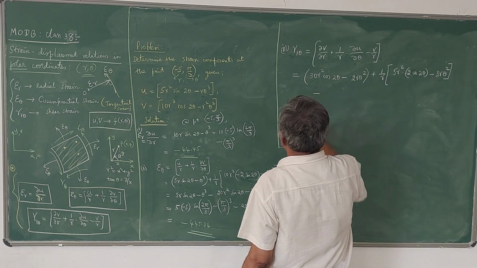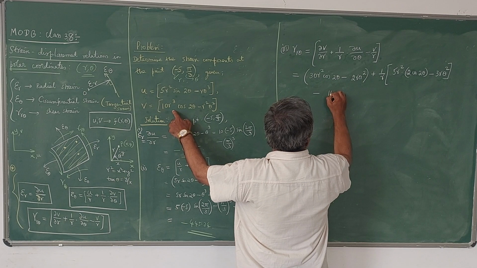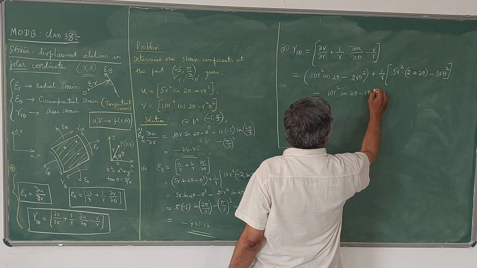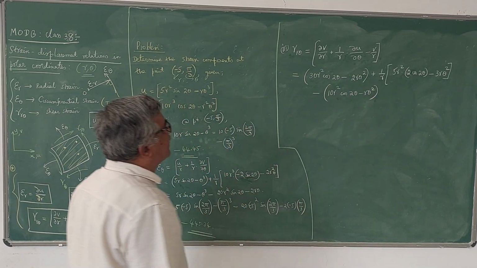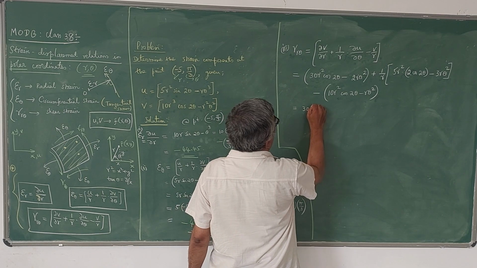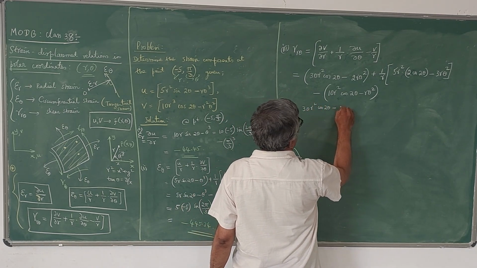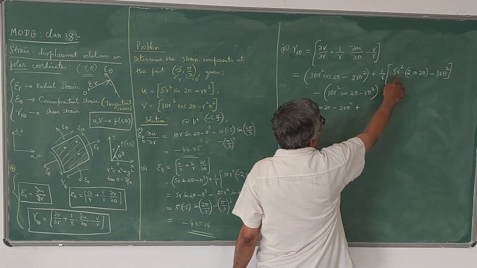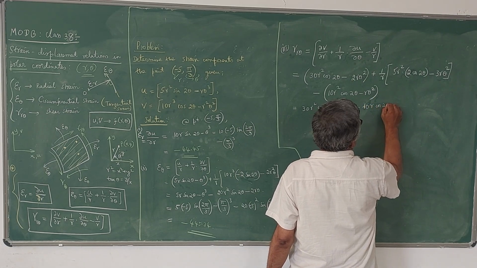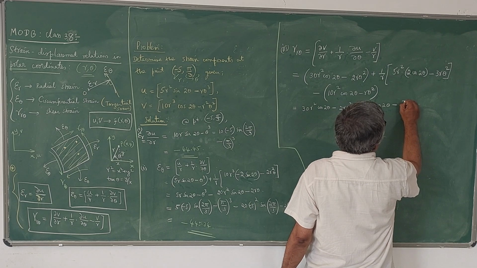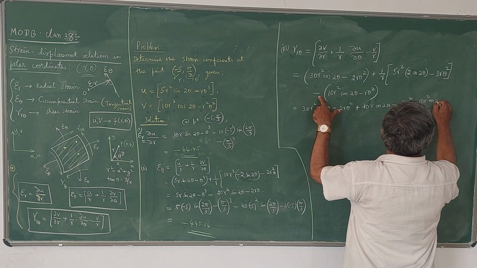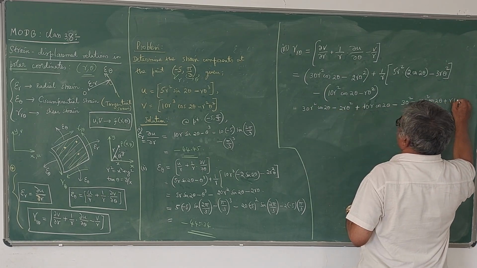Minus v by r: we have to divide v by r, which gives 10r square cos 2 theta minus r theta square. So this is what we get. Of course, we can still simplify this. 30 r square cos 2 theta minus 2r theta square, plus this divided by r, which will be 5 times 2, 10 r cos 2 theta minus 3 theta square, then minus 10 r square cos 2 theta plus r theta square.